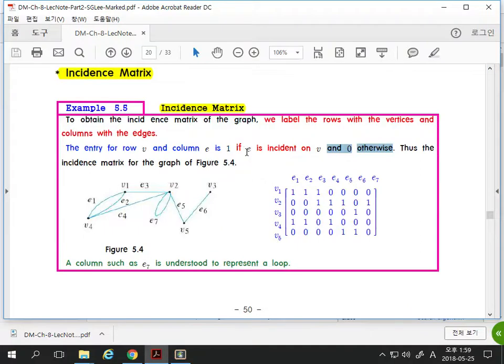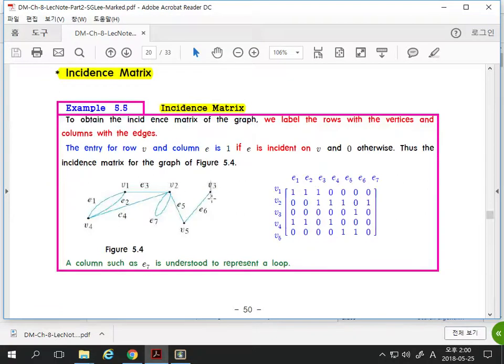Here, E1 is incident to V1, so it is 1. E1, V1. E1, E3 is incident. Okay, so V3, E1 and V3, E3, V1, E3, this is 1.